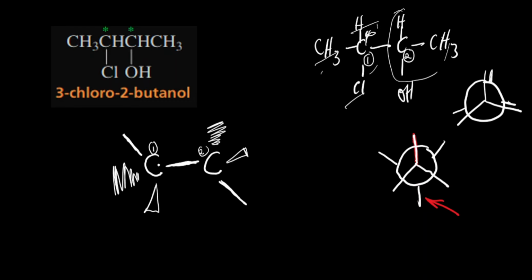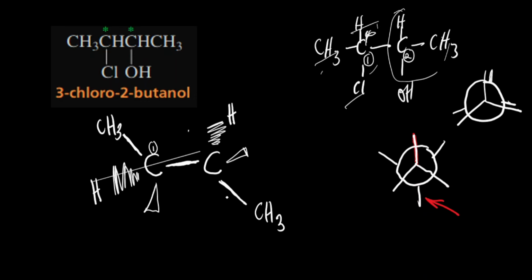Now for ease, we'd be attaching the least priority group to the dashed wedge. Okay, the least priority group is obviously the hydrogen, so we'd attach our hydrogen here, and here we'd attach our hydrogen. Okay, now we would attach our methyl here and our methyl here.